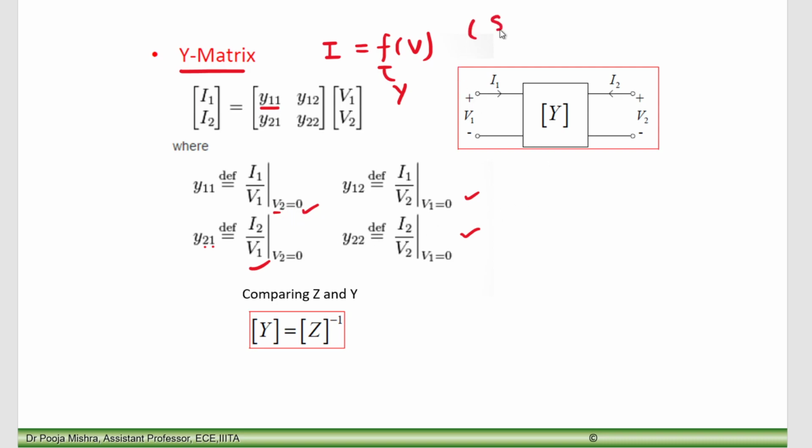So this parameter is also called the short circuit parameter. Y11 is input admittance, Y22 is output admittance, and Y21 and Y12 are transadmittances.